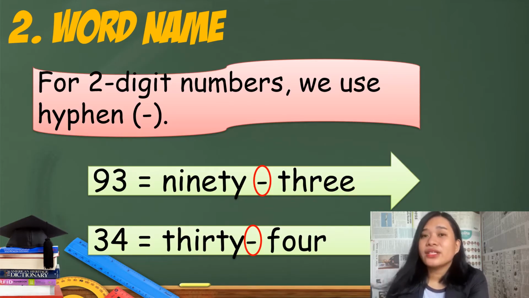Another way to write numbers into words is, for two-digit number, we use hyphen to separate the words. So for example, we have 93. Simply write 90 hyphen 3. Next example, 34. 30 hyphen 4.